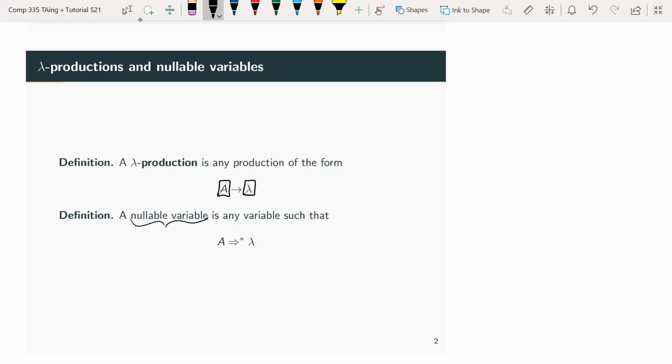A nullable variable is any variable A such that A gives you lambda in 0 or more steps, right? So this means that if A gives you lambda, then A is a nullable variable. And if, for instance, B gives me A, then because I can do B gives me A, gives me lambda, B is also a nullable variable, right? So both of these would be nullable, okay?